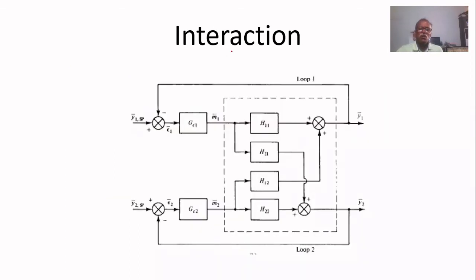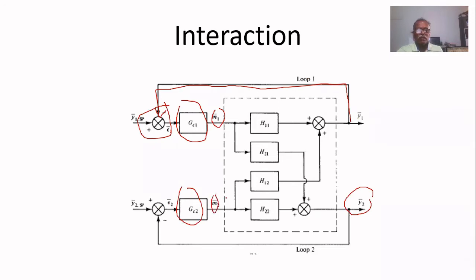Suppose you want to control Y1 by using M1. This is the way by which we have to control. The feedback is Y1 to the Y1 set point, and the controller manipulates M1. Similarly, Y2 can be controlled by using another controller by manipulating M2.